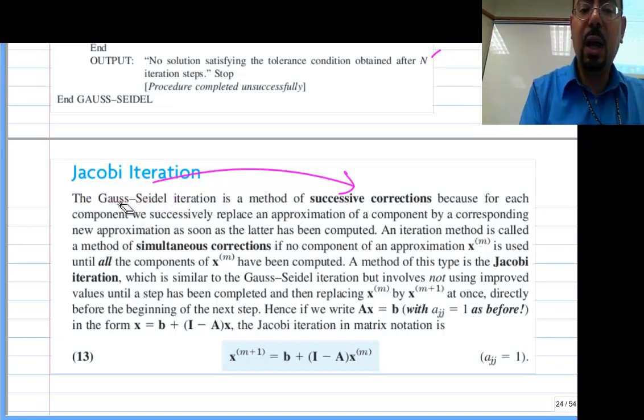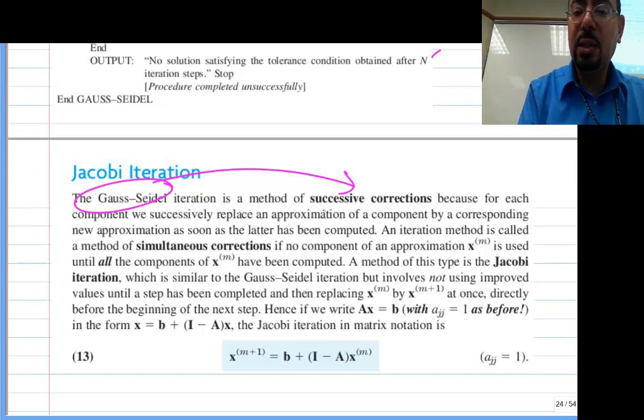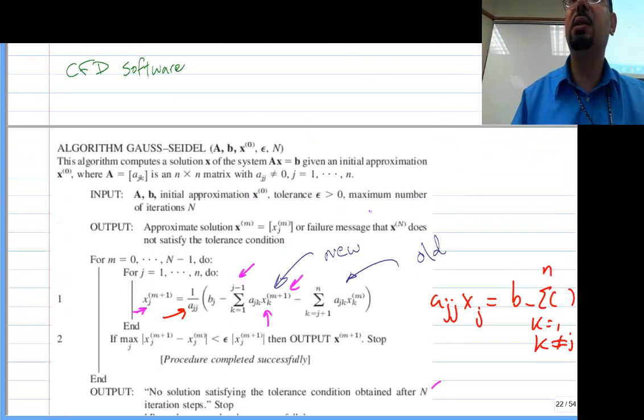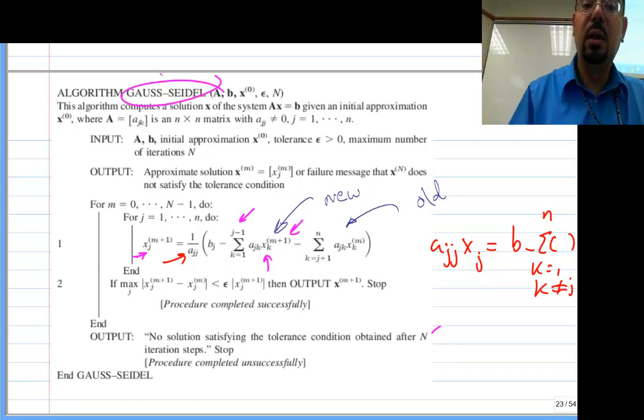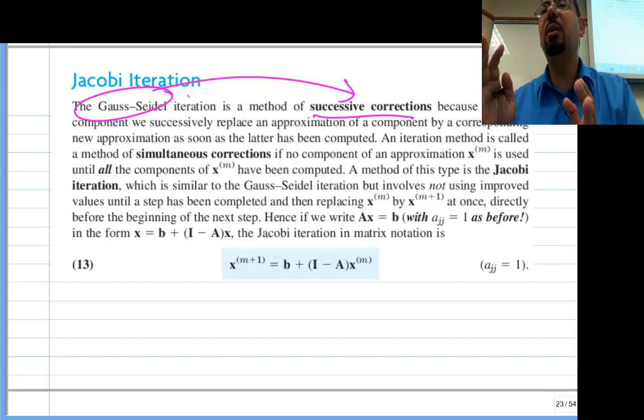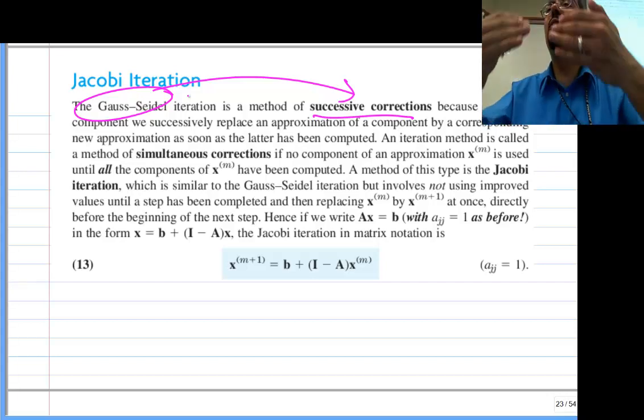The Gauss-Seidel is the one that corrects the variable all the time. This is the Gauss-Seidel method. The Jacobi method just uses old numbers all the time until it moves to the next iteration.